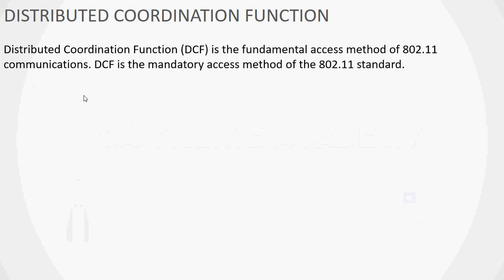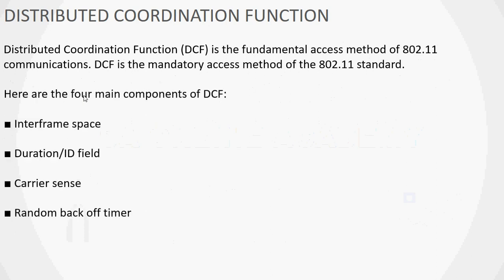In the distributed coordination function, there are a few parts which provide a line of defense, so that there are minimal chances of any type of collision happening. Here are the four main components of DCF: first is interframe space, then duration ID field, carrier sense, and then random backoff timer. We will look into these four components of DCF one by one.